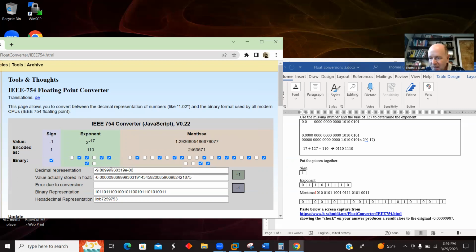So that is negative 9.87 times 10 to the minus 6. And here it is in the calculator, minus 9.86999. So, close, makes sense. It matches. And that's what I wanted to show you. Thanks for your attention.